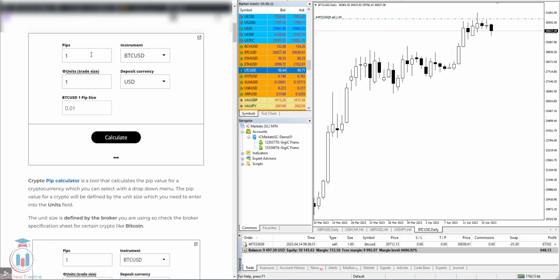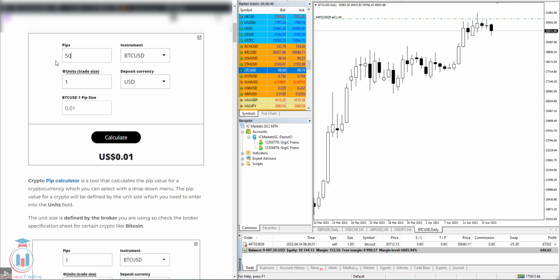When you have entered all the fields that you need to enter here in the Crypto Pip Calculator, you click Calculate and you get the value of 1 pip. So what I have mentioned in the trading platform, when the price goes from 38 to 88, that will be a 50 pip change, which means you need to calculate 0.01, which is a 1 pip value, multiplied by 50.